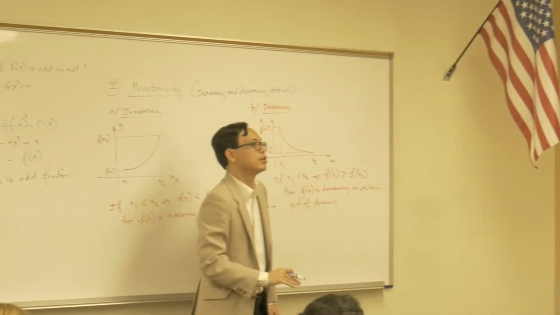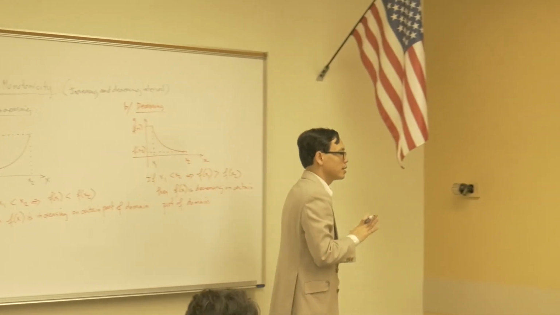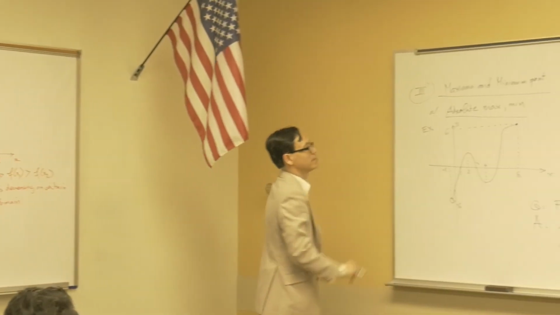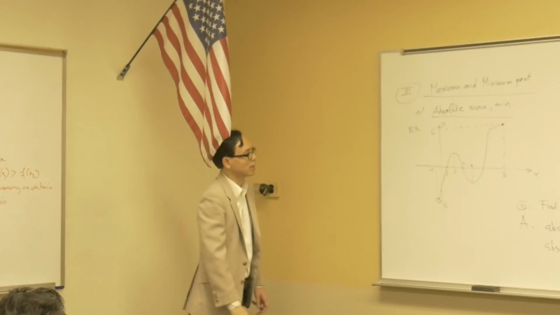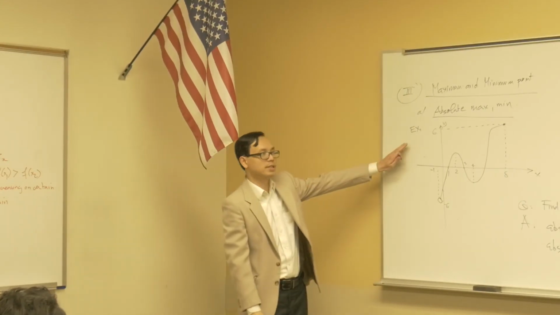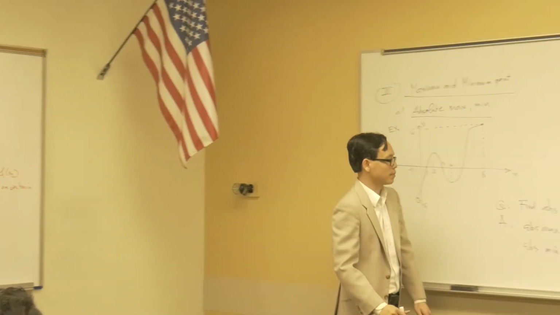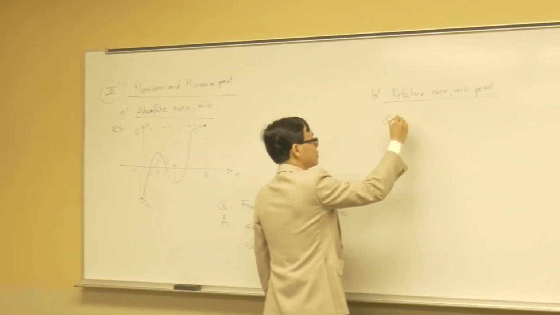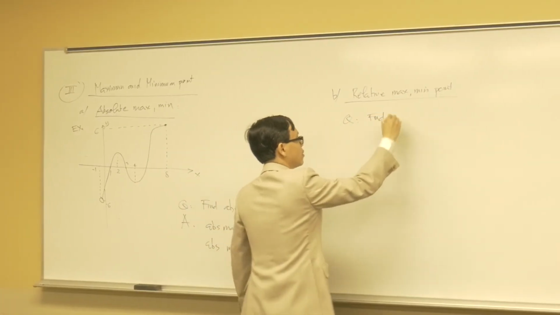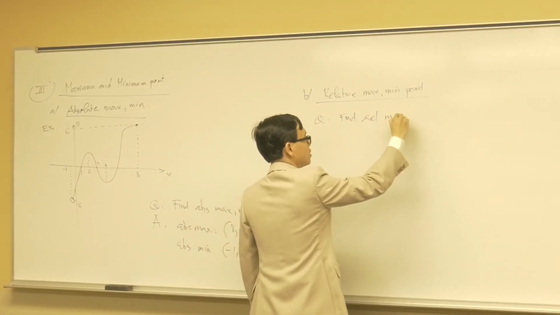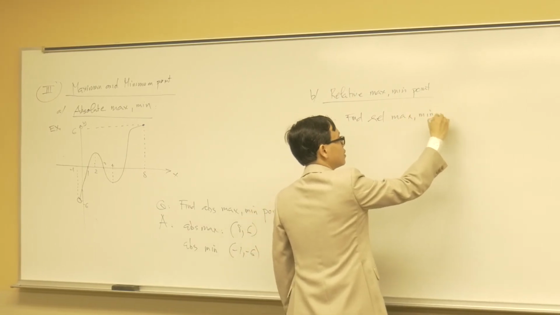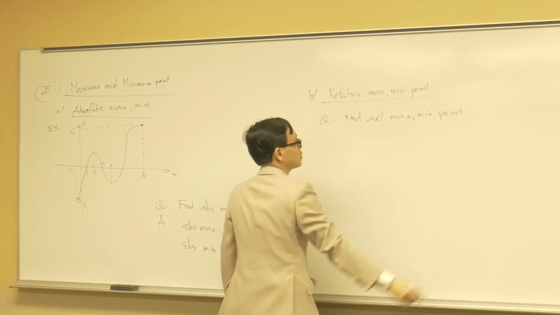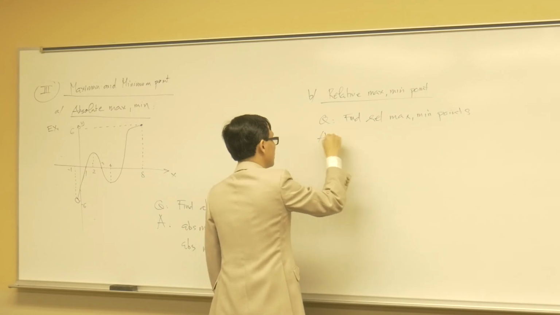What's the difference between those? We're going to learn how to tell the difference between these two concepts, and I'm going to use the same graph. Question: find the relative max and min point.